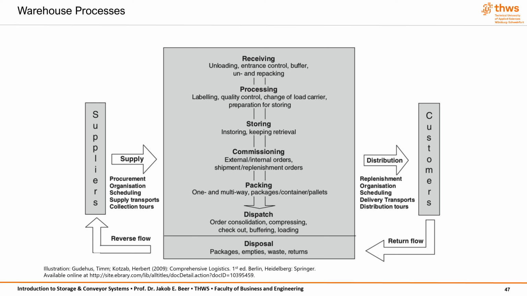Once the goods physically arrive at the warehouse, we move into the internal processes, starting with receiving. Receiving is far more than just unloading trucks. It includes unloading, entrance control, that is, checking that what arrives matches what was ordered, buffering if unloading must happen quickly, and repacking if the goods arrive in transport packaging not suitable for storage.